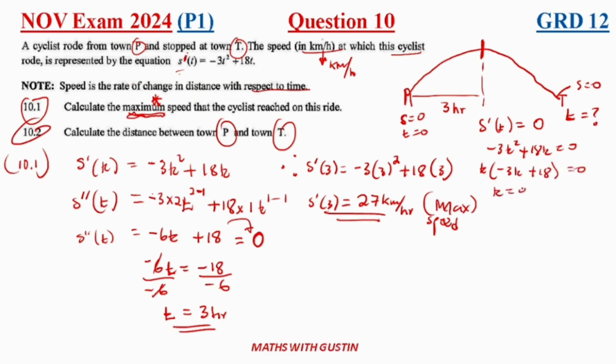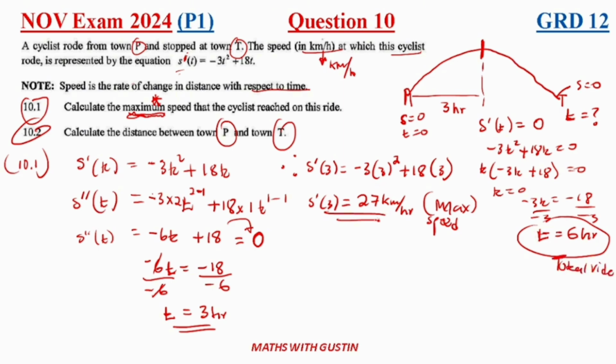So t is equal to 0, or negative 3t is equal to negative 18, divided by negative 3. t is equal to 6 hours. So this is our t total, guys. It's equal to 6 hours. This is the total time it took for the ride, the total riding time.